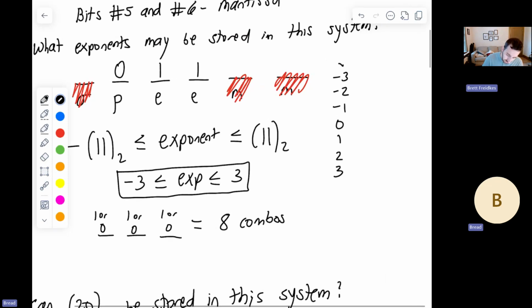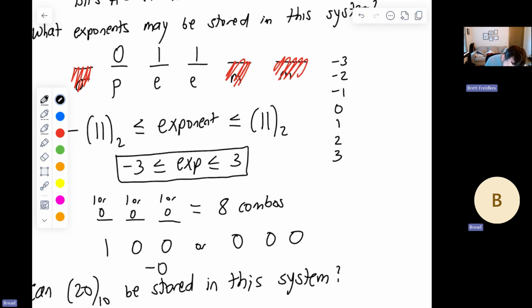But over here, we have only 7 possible numbers. Why do you think that is? Why do you believe we have 7 numbers in this list, but we should have 8? Well, the reason is because if we were to do 1, 0, 0, or 0, 0, 0, remember that first bit's the sign.